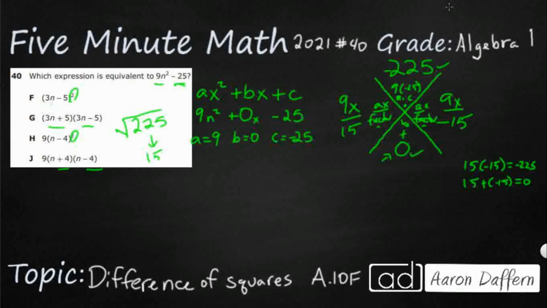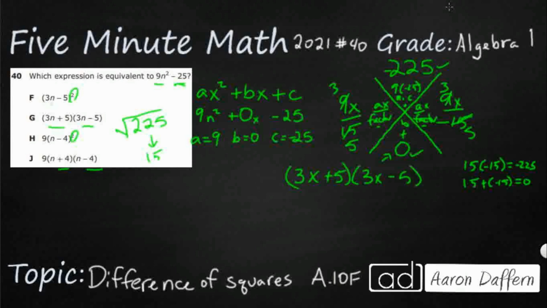And we put them in this fractional form because we might need to simplify. So we can simplify by taking 3 out, right? So that's going to end up, now we write it as a binomial, 3x, and then my denominator is positive, so plus 5. We do the same thing over here. So 3x, my denominator is negative, so negative 5.